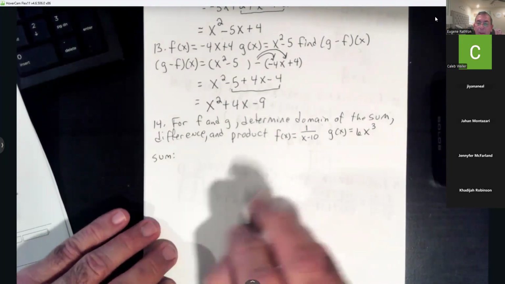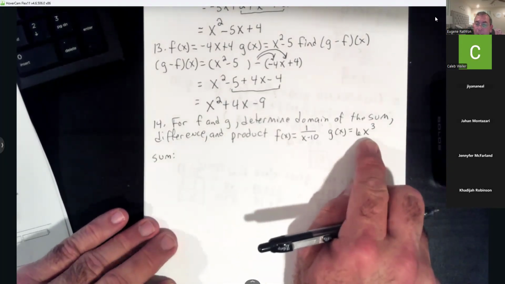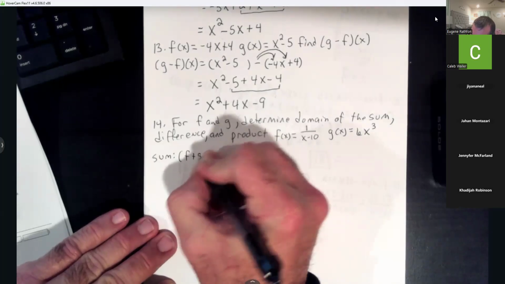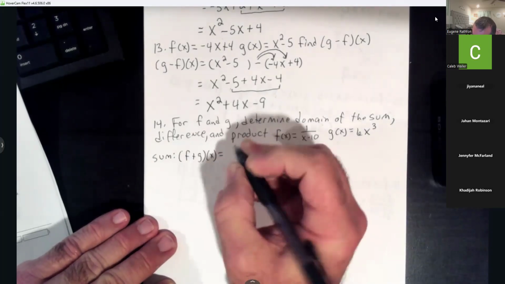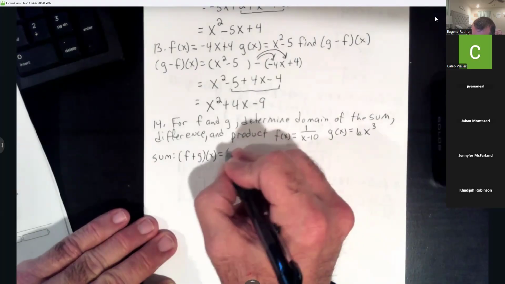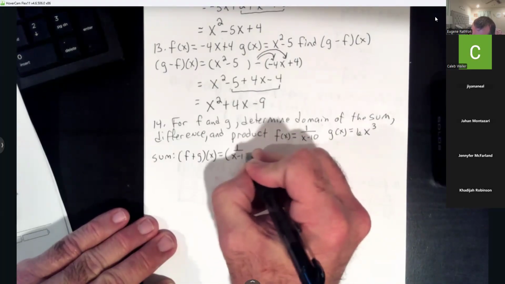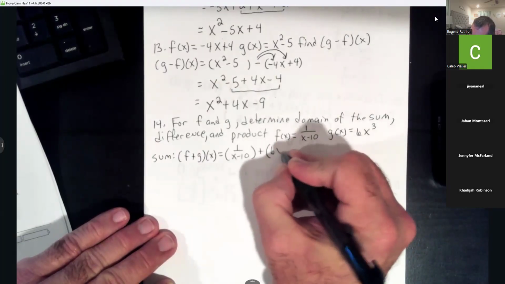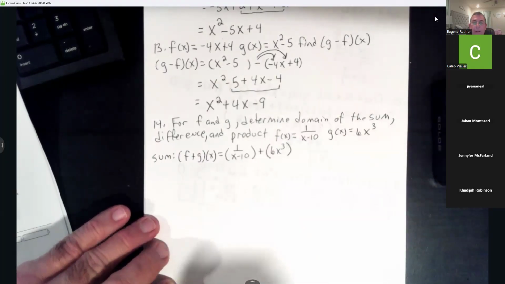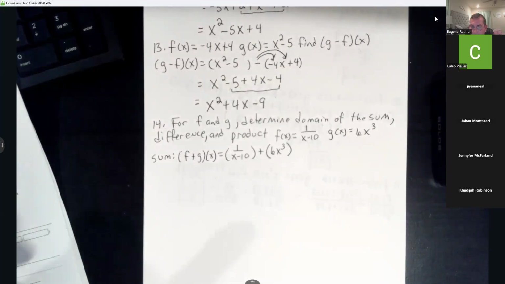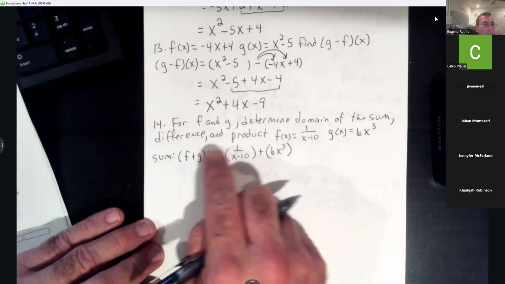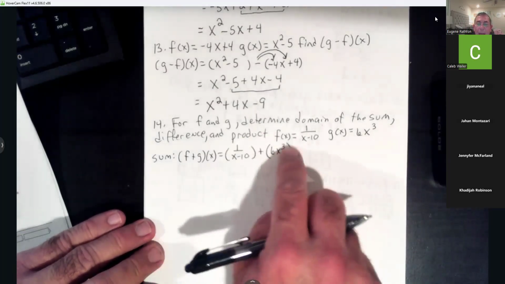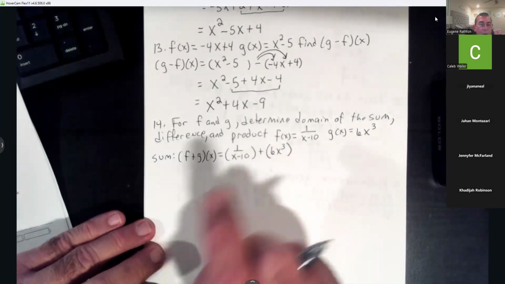So the sum, that'll be this function plus that function. So f plus g of x equals the f, 1 over x minus 10, plus the g, 6x cubed. So y'all, this will be on y'all, but what I want to know is, should I exclude any numbers from my domain if I'm going to add them two functions?